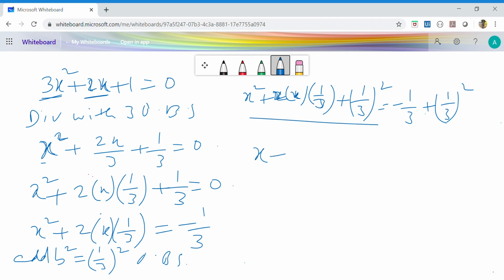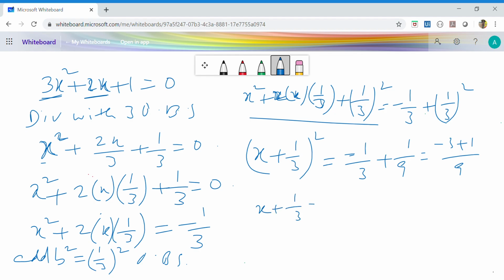So x plus 1 by 3 whole square is equal to minus 1 by 3 plus 1 by 9. Do the LCM. 9 minus 3 plus 1 you will get minus 2 by 9. So x plus 1 by 3 is equal to minus 2 by 9 under root, is equal to plus or minus root 2i.